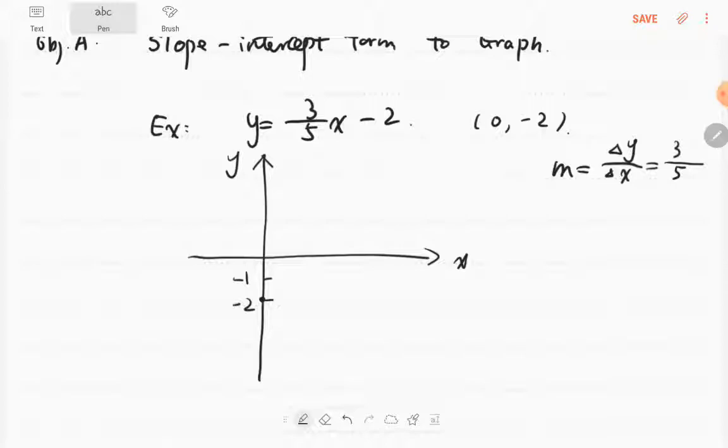So we could start with the intercept 0, -2.